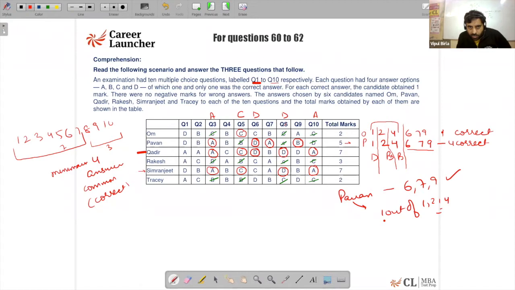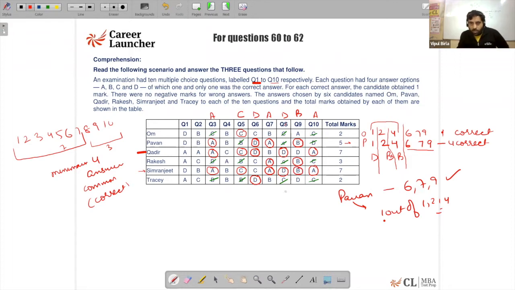Kadir has got that correct. Tracy has got that correct. For question number 7, the answer is A. So Rakesh has got this correct, and so has Simranjeet. For 9th, it is B. So Rakesh and Simranjeet got this correct.